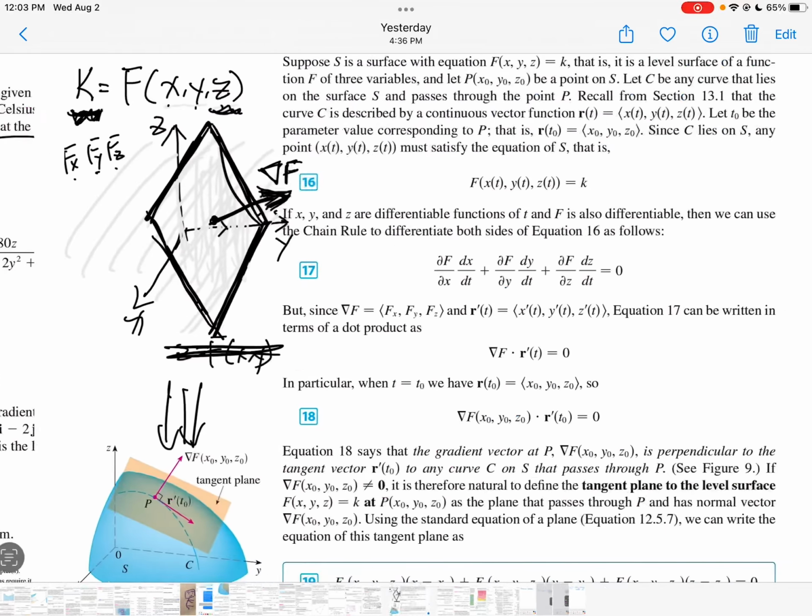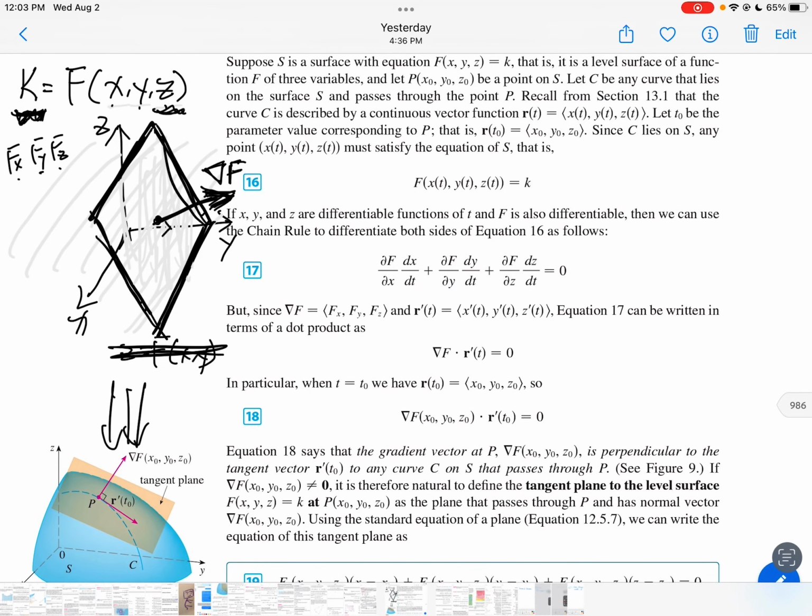Okay, here when we have three independent variables x, y, z, we're not talking about level curves. Now we're talking about level planes. Along that plane, the response variable values are all the same. And the gradient vector is a vector in 3D space, not 2D space, perpendicular to the level plane. So that's just a distinction I want to mention.